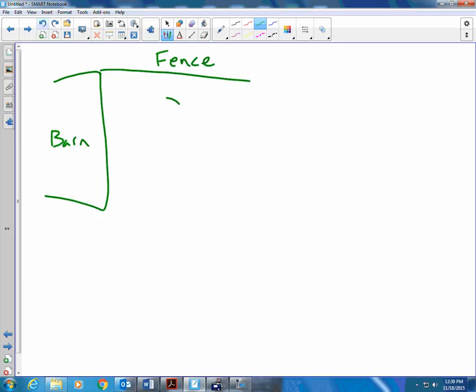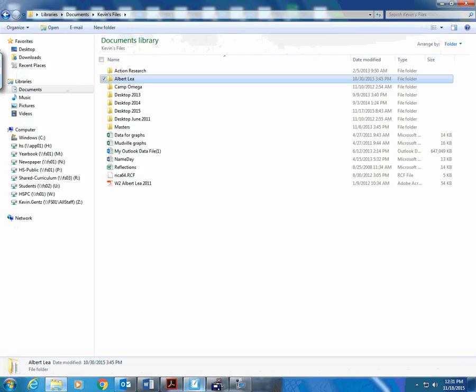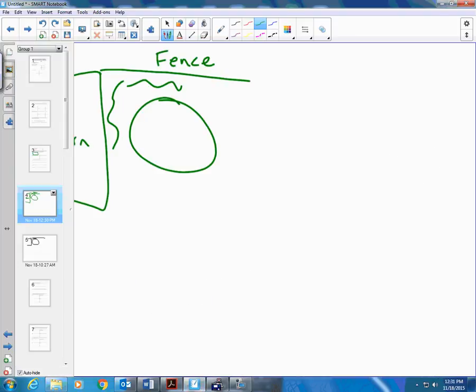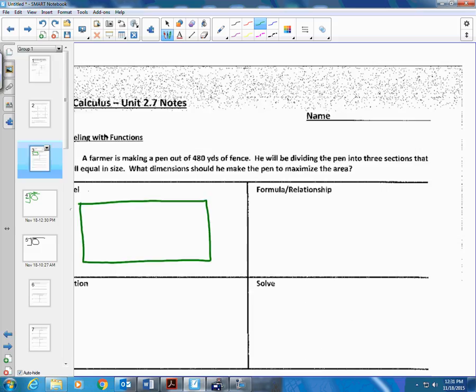Well, you're not going to make a circular pen because then this area kind of gets wasted, doesn't it? So even though your pen might have more area in it than my rectangular pen, you've wasted other area as well. But it is a great idea that you do have a circular pen because that does create more area. However, it's just generally not very applicable to what you're using it for. So I think we've covered that.